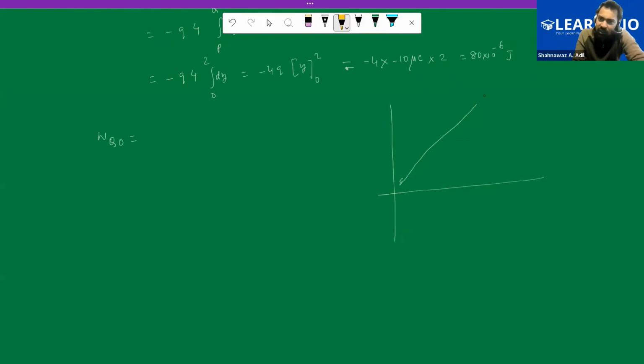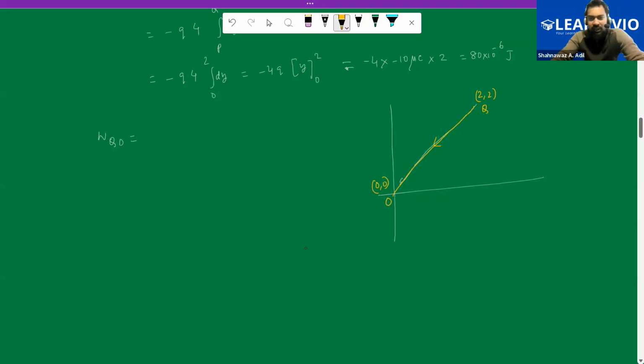And this is 2, comma 2, and this is 0, comma 0. So this is Q and this is O. Good. So for this line, we have to calculate the work done.